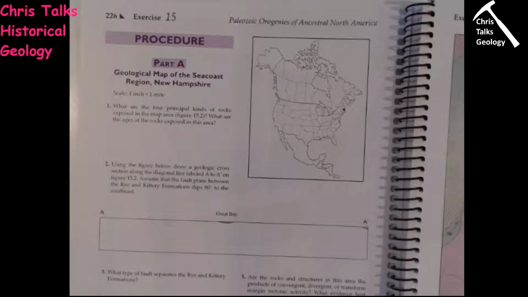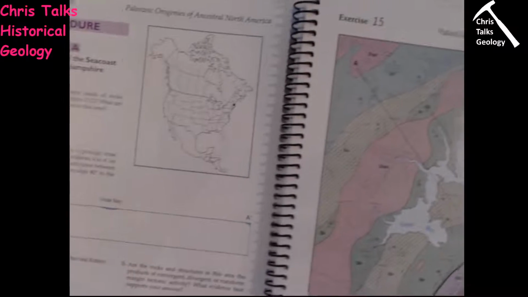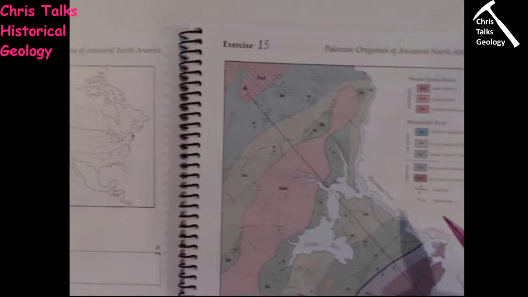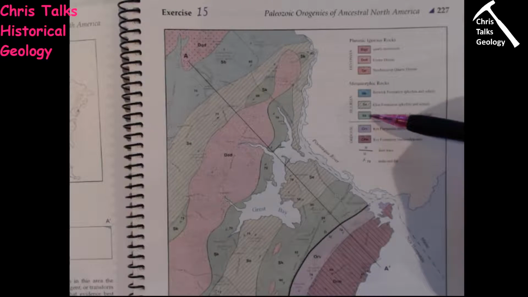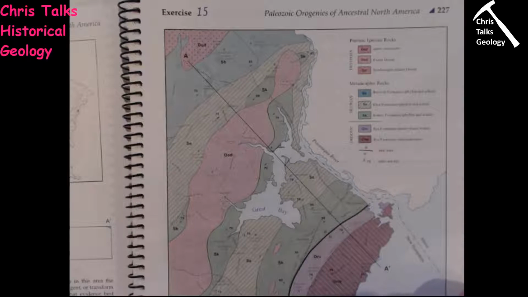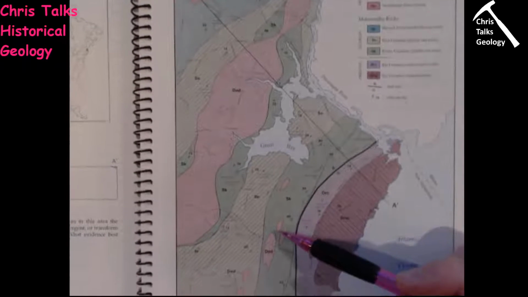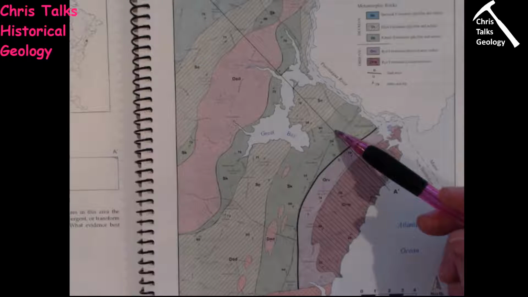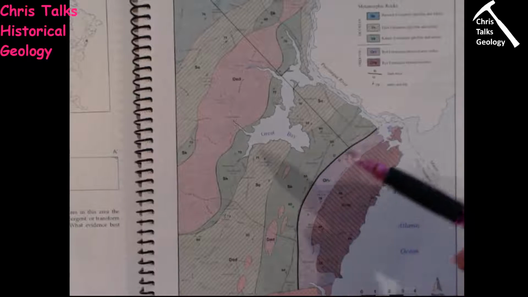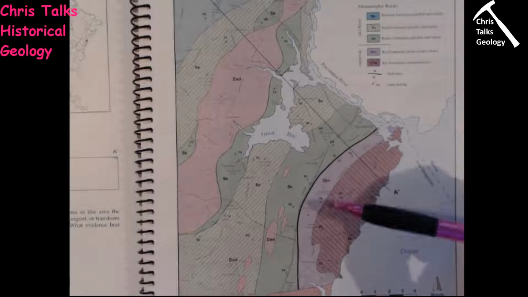Assume that the fault plane between the Rye and Kitty formations dips 80 degrees to the southeast. Okay, so where's the Rye and Kitty formations? Okay, well, let's find what the Kitty formation is. The Kitty formation is SK, and we can see here's SK down in the lower portion of our diagram. Okay, and the other unit is the Rye formation.